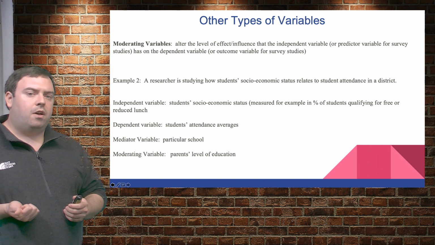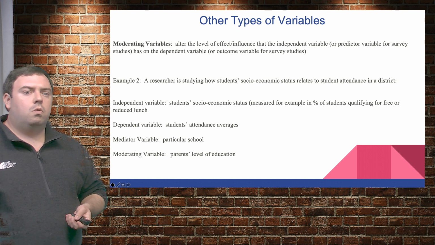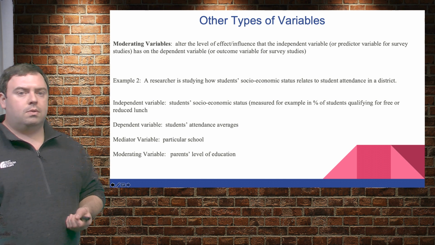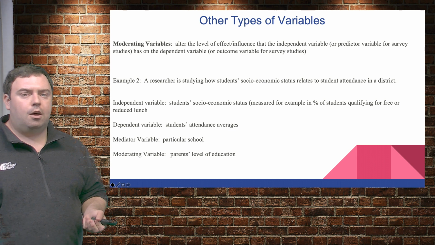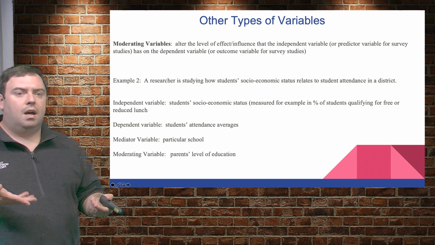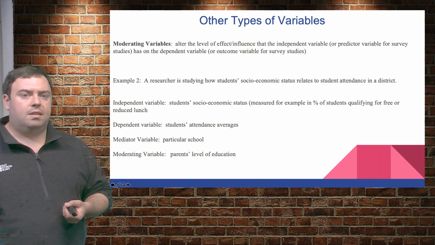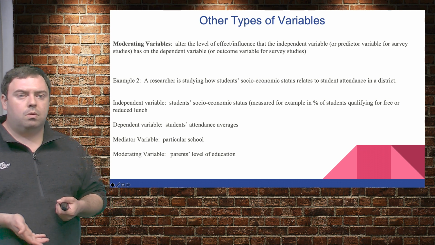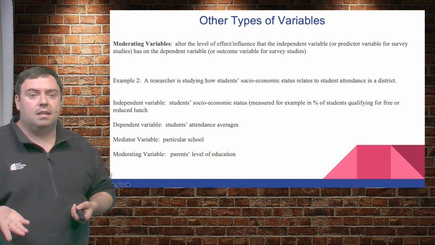And then the mediator variable between those two variables would be the particular school. The particular school is the one that's helping transmit, if there is a relationship, between a student's socioeconomic status and their likelihood to attend school, or their average days of attendance.